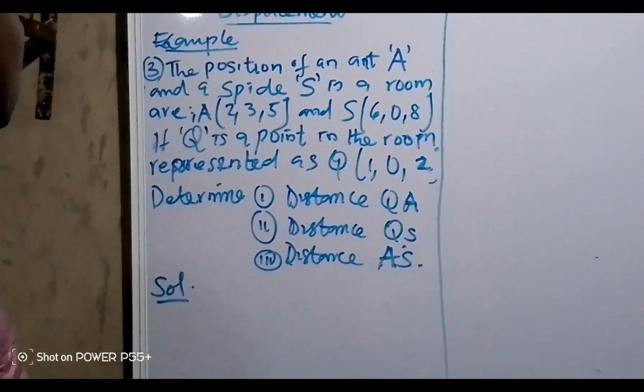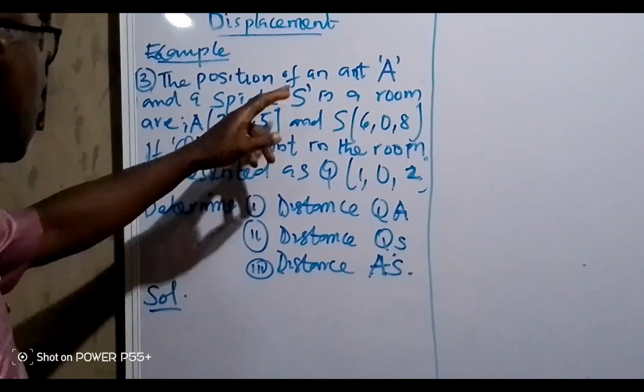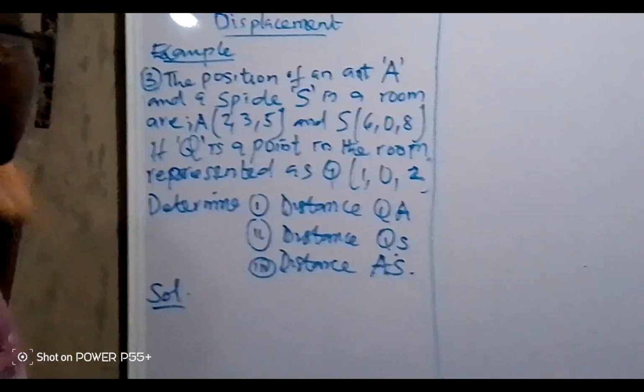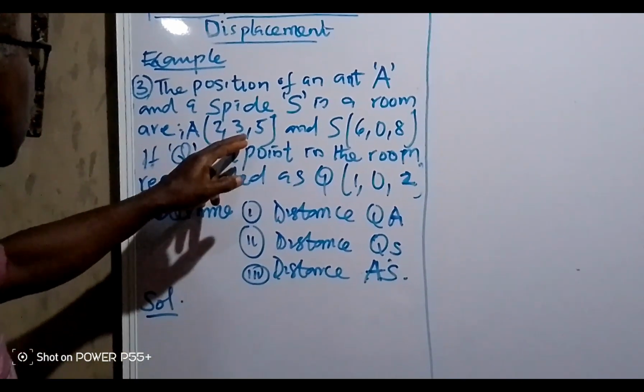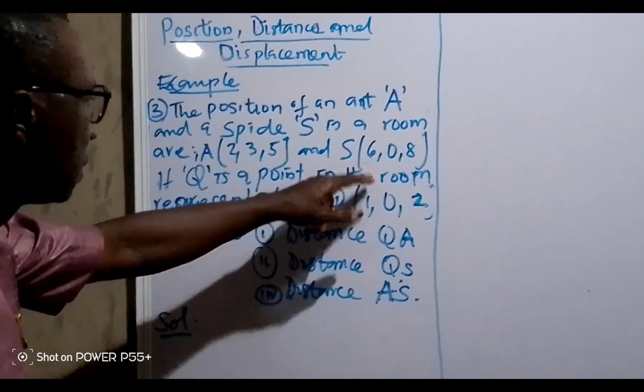The positions of an ant A and a spider S in a room are A (2, 3, 5) and S (6, 0, 8).